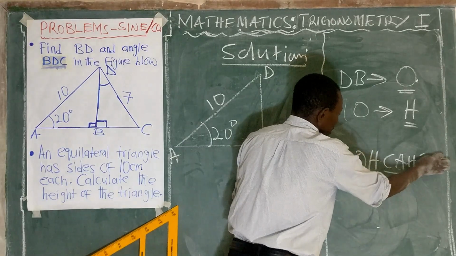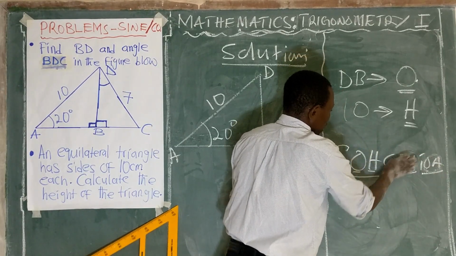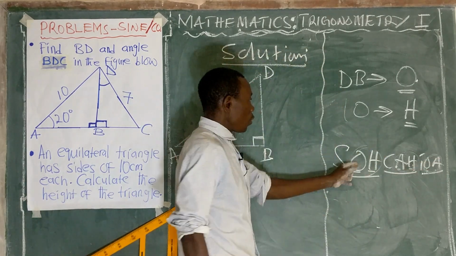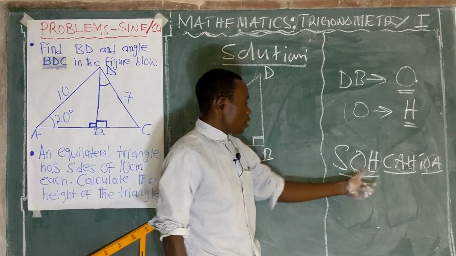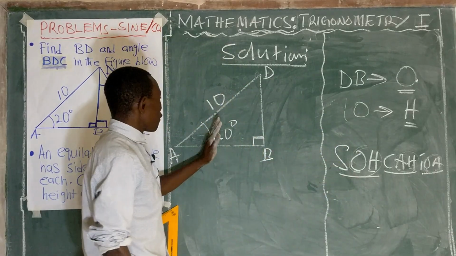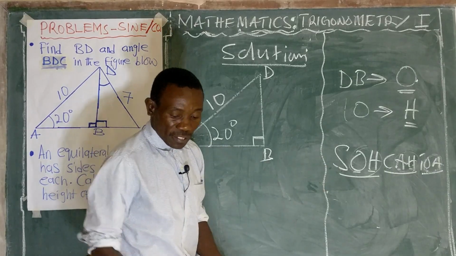So look at the pairs of the word. Look at the two letters that define the ratio: AH, OA, then here OH. You find that the OH about what you have here is related to S. So it means the ratio that I need to use here in order to find the value of BD is the sine ratio.